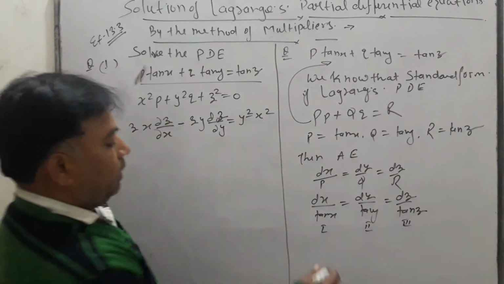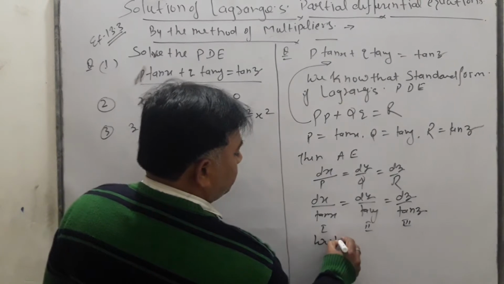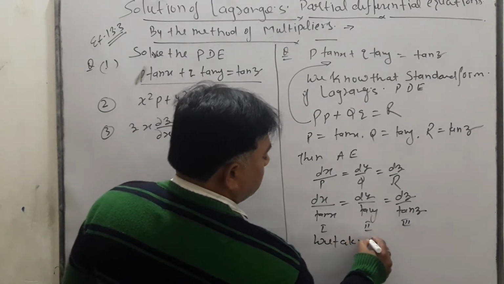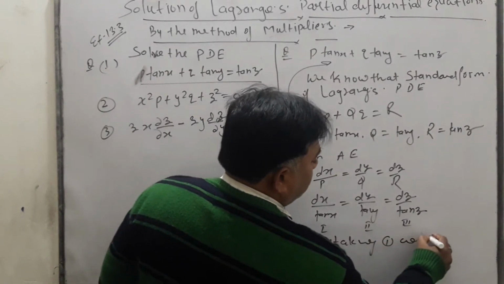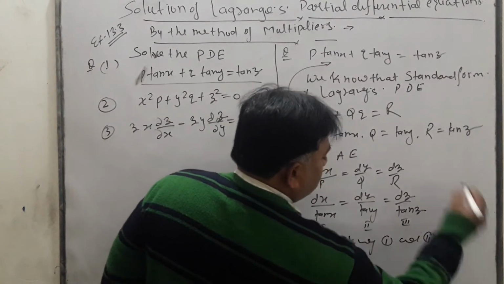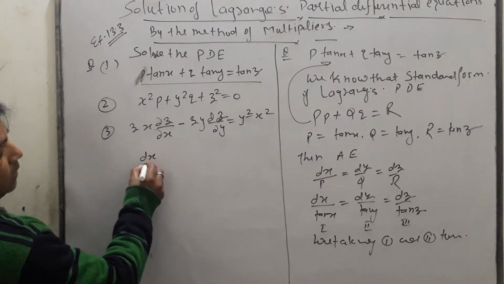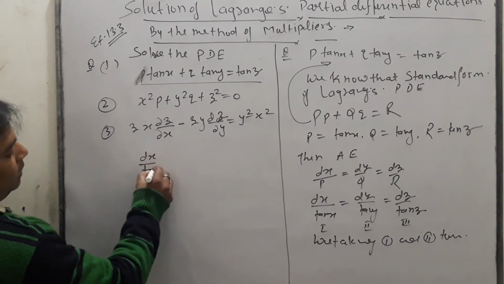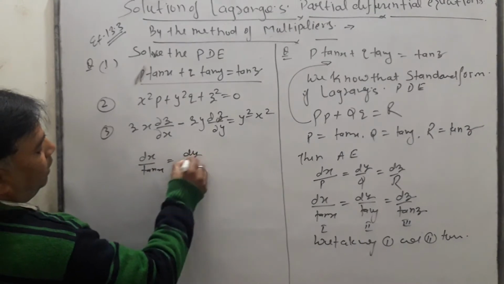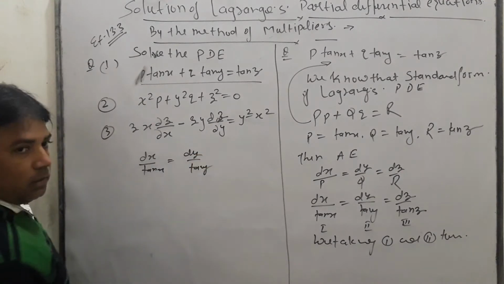First we take the first and second terms, dx over tan x and dy over tan y.